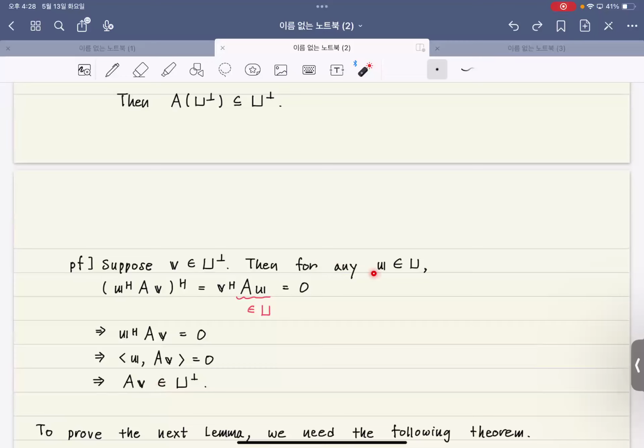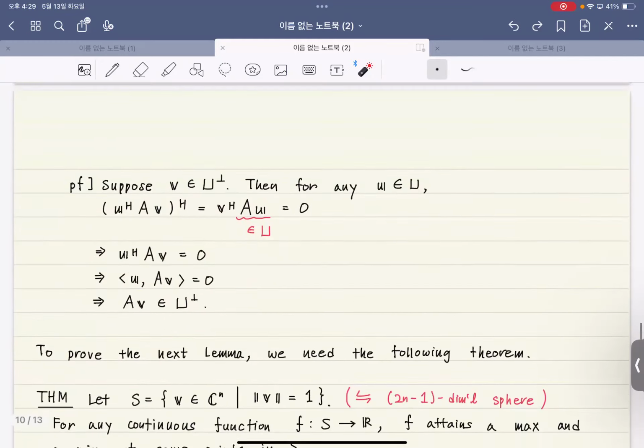Since my choice of u was also arbitrary, Ab is orthogonal to any arbitrary vector from U. Therefore, Ab must be a member of the orthogonal complement of U. Okay, great.